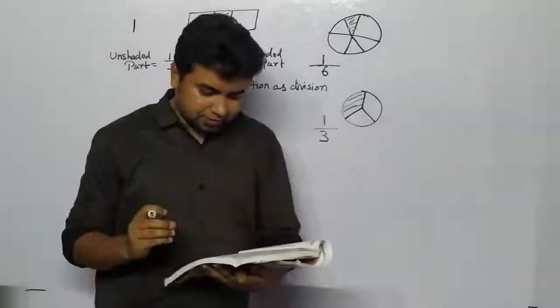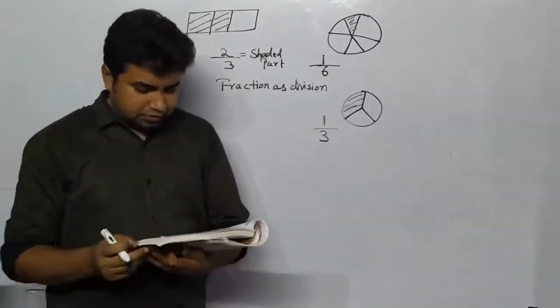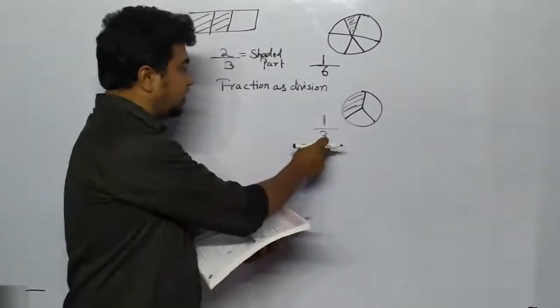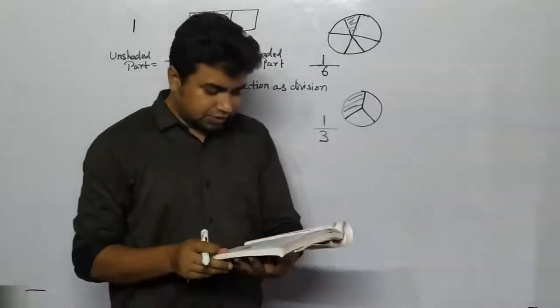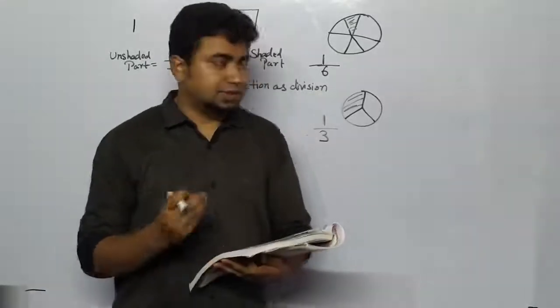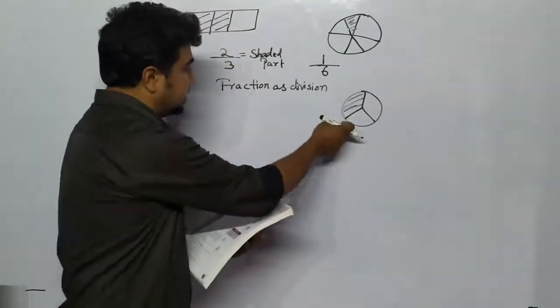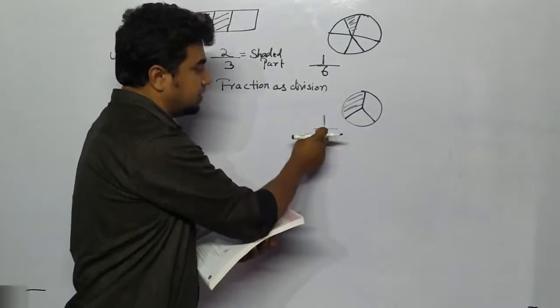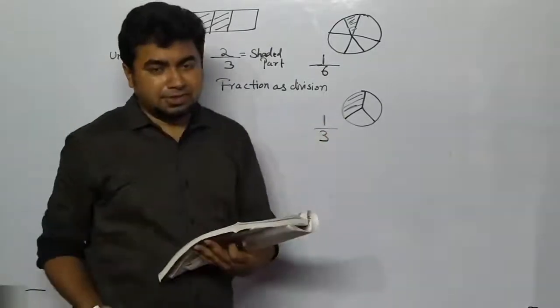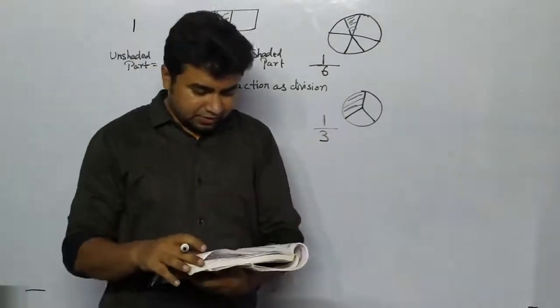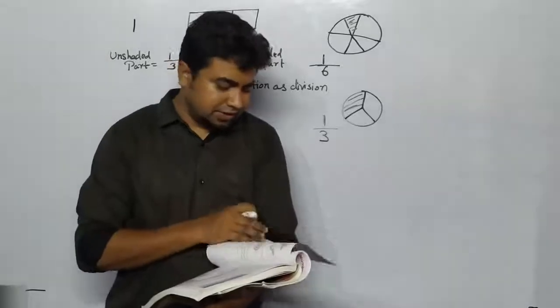Means you can observe that 1 is shaded out of 3 parts. That is known as fraction as a division. This is also one kind of division, that 1 is divided by 3. So this is fraction as a division.